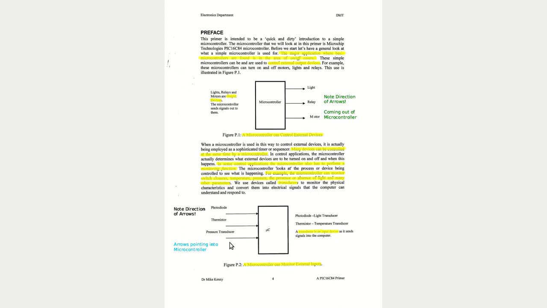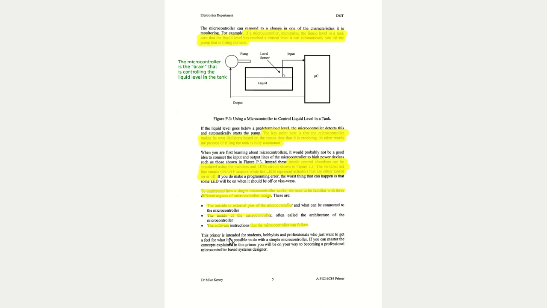Let's now look at a simple example of where we can use this in practice. What I have here on figure P3 is a tank, and inside the tank I've got a certain amount of liquid. I'm going to try and maintain a constant level of liquid in this tank. To do that, I have a level sensor measuring the level of liquid in the tank, and that's an input signal going into the microcontroller.